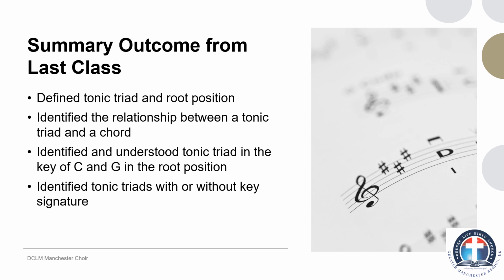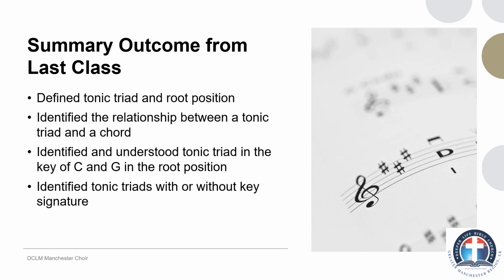And then remember, a tonic triad is a combination of three notes together where you begin with the tonic. We call it a root position because we start with the lowest note in a particular key. We used an example like C major, where you run the scale of C major.